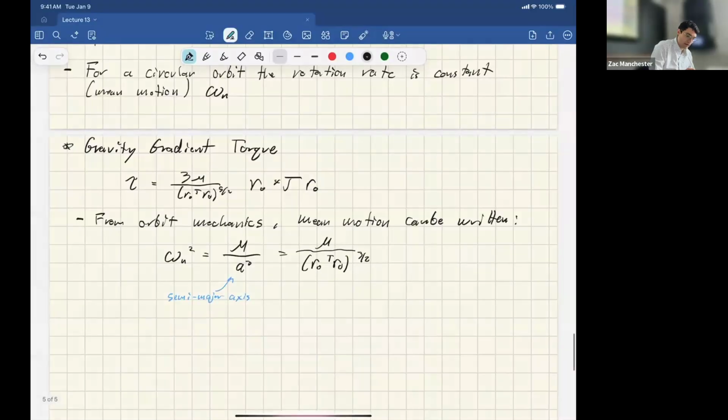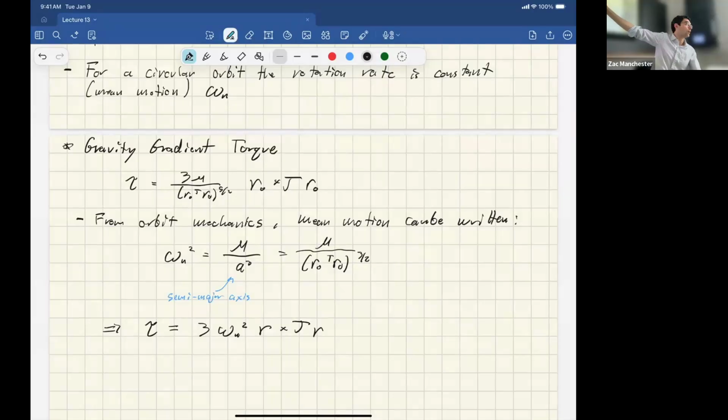Okay, so now we've got this, which is slightly tricky. Up there it's r naught, which is the vector from the center of the Earth to the spacecraft.